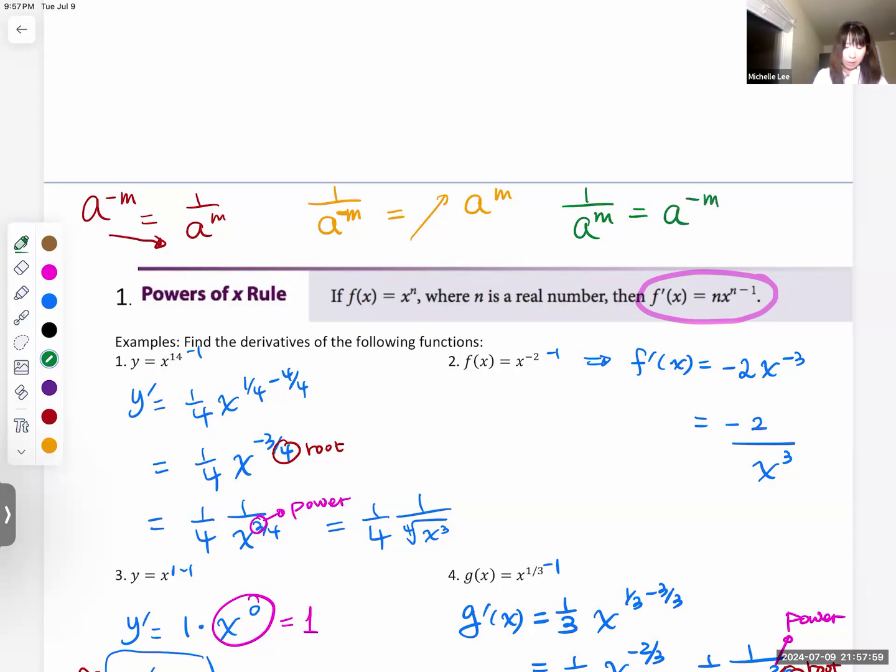It's the same, right? Isn't it? Yes, this is the same as.